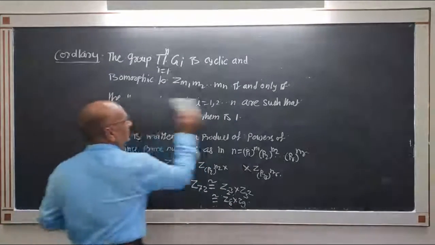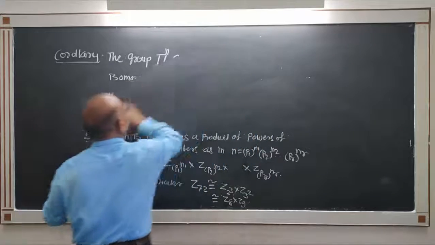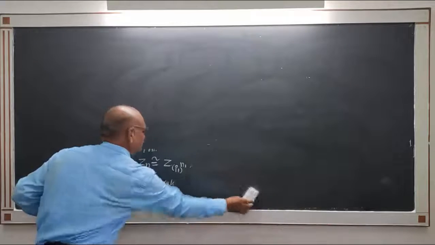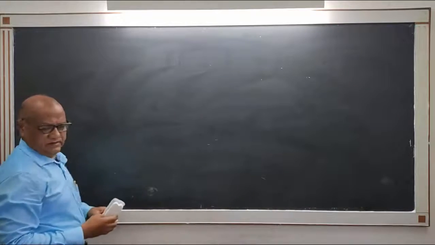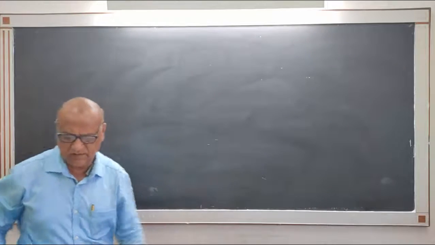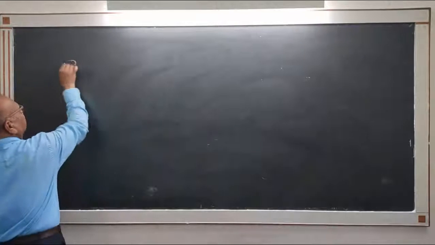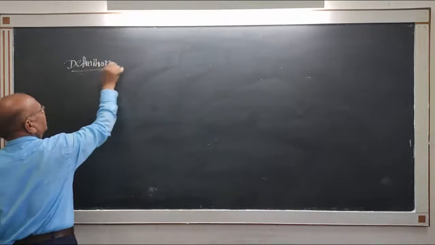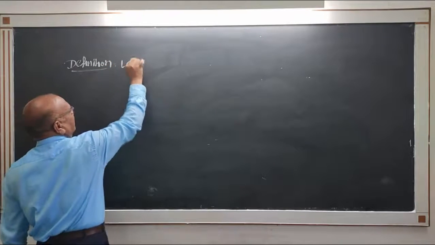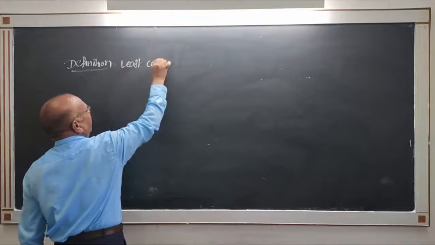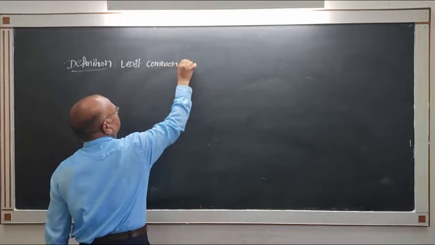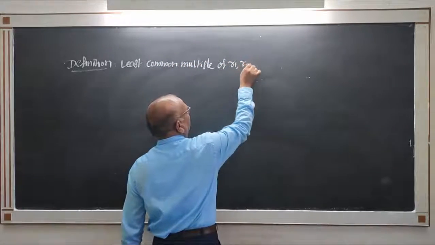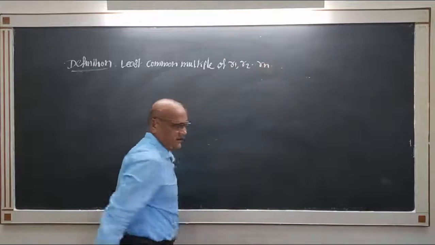Now, one definition here. Definition. Least common multiple of r1, r2, rn.